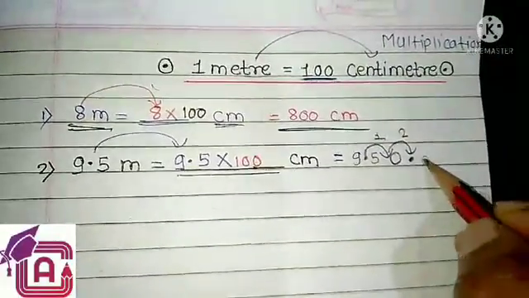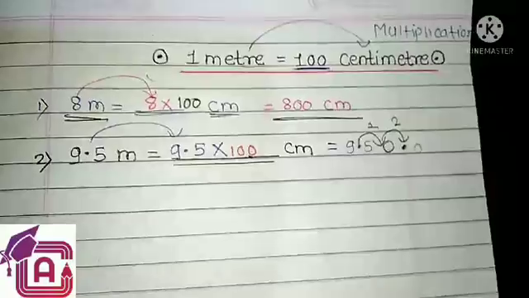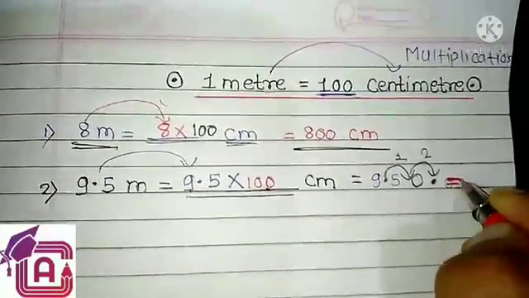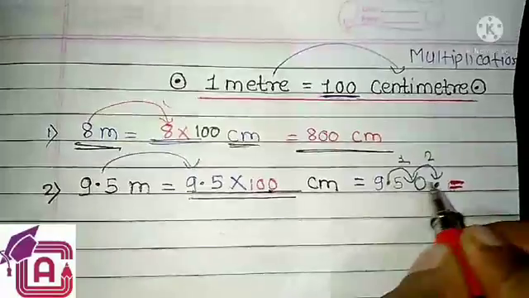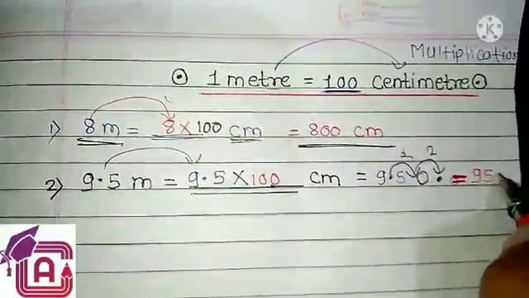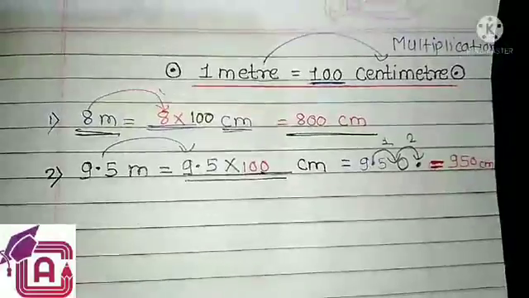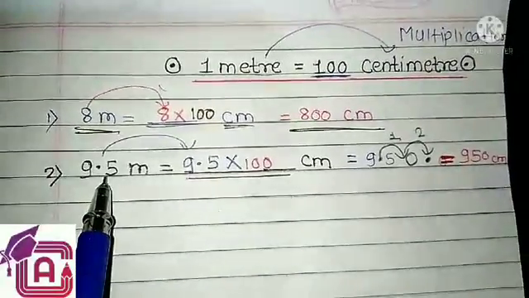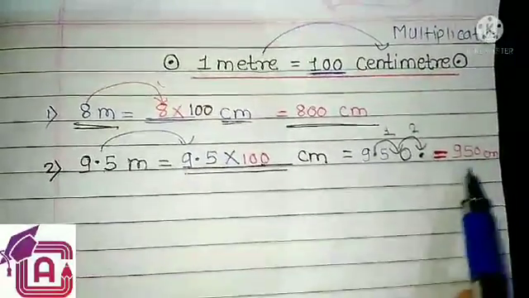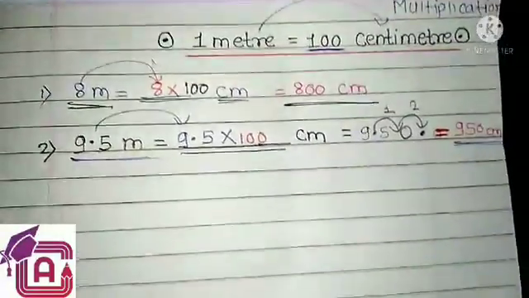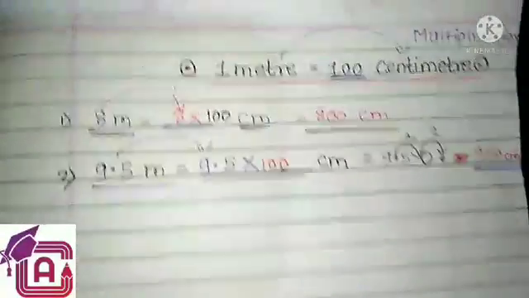After that we can write 0 or not, it's not important. So what value do we get? 950 centimeter. So in this way you can convert a decimal fraction point distance into a normal distance. 9.5 meter is equal to 950 centimeter.